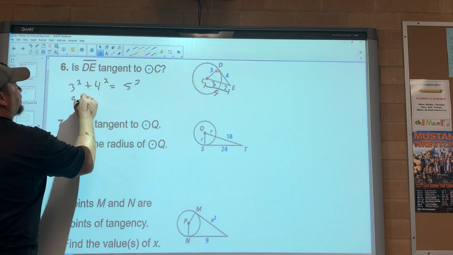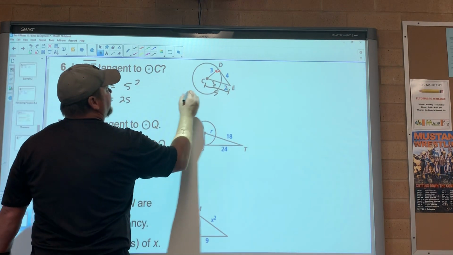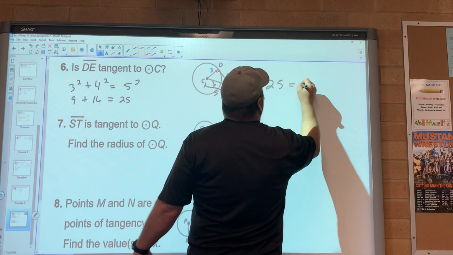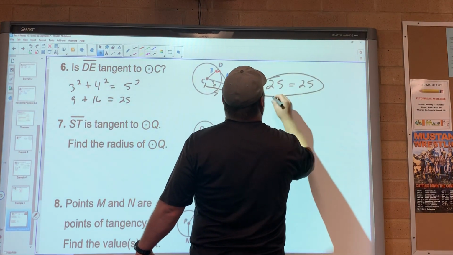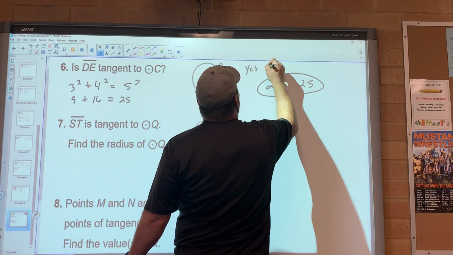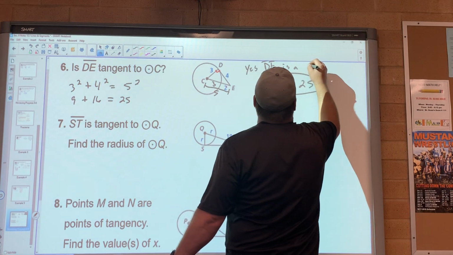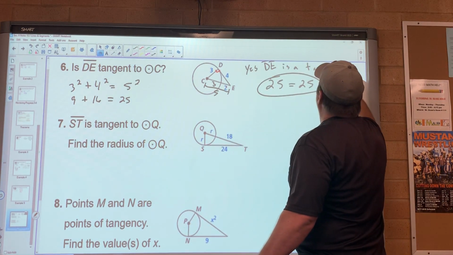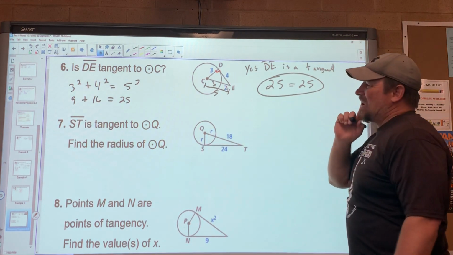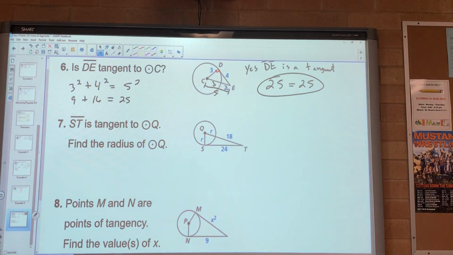That's 9 plus 16 equals 25, and we have 25 equals 25. So yes, DE is a tangent. Okay?